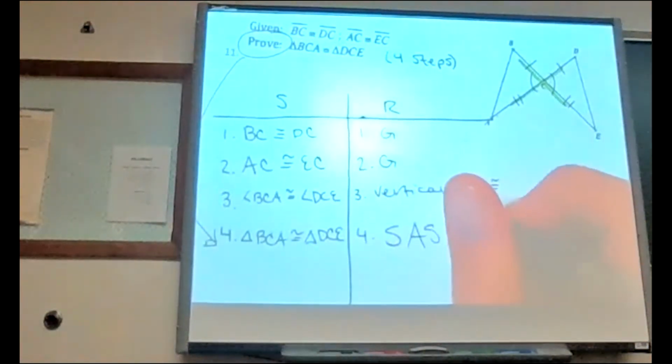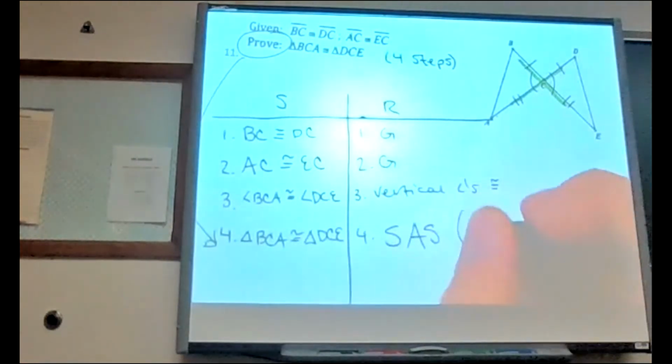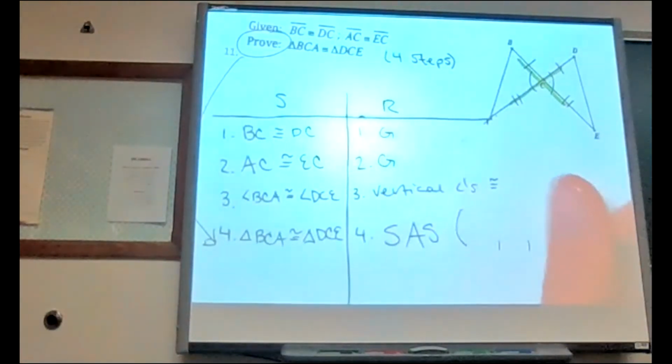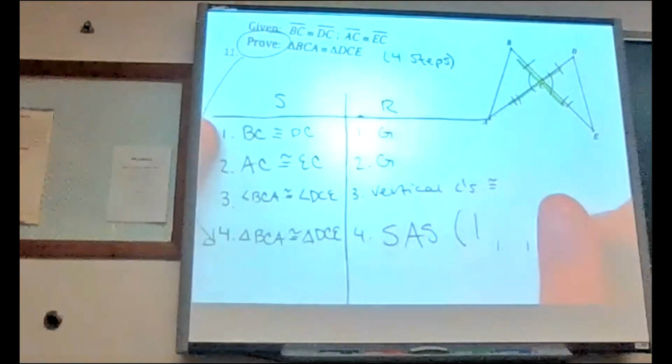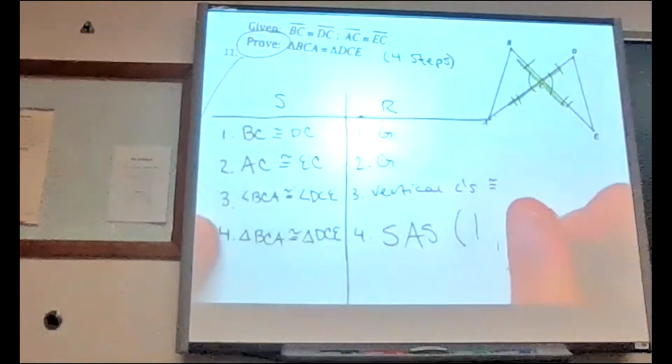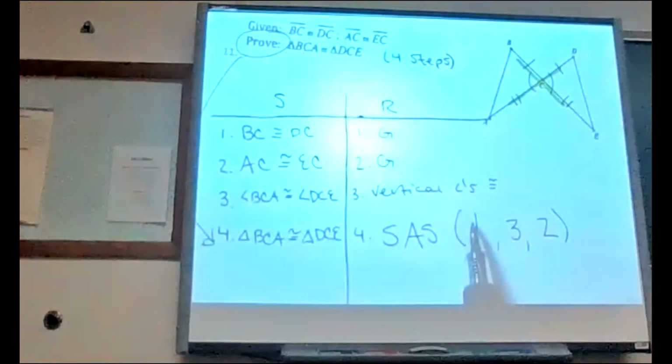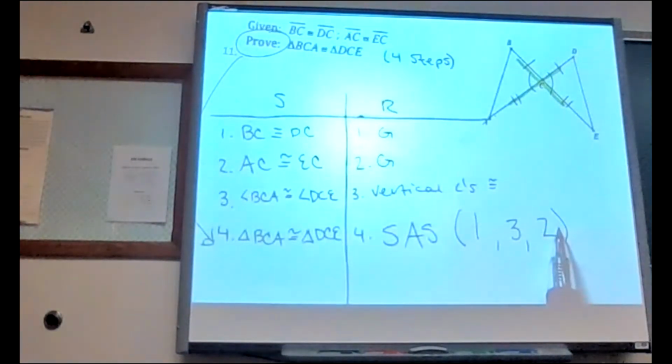And listing where my sides are, my sides are in step 1 and step 2. My angle is step 3. So I'm listing in that order. Side, angle, side. Okay.